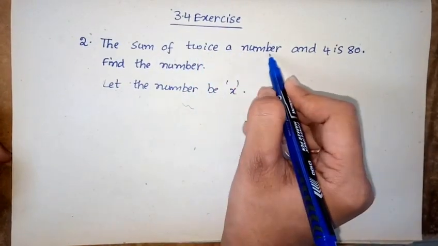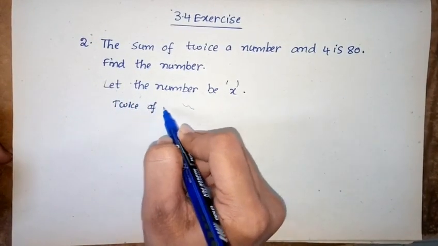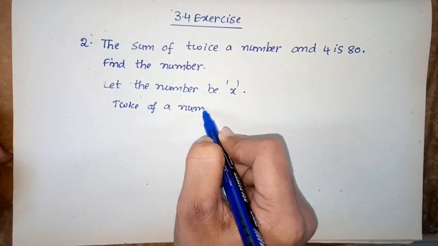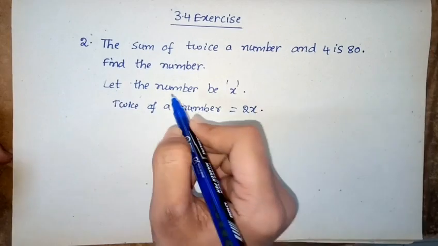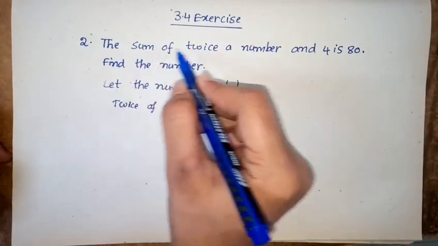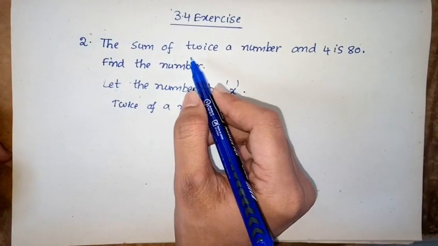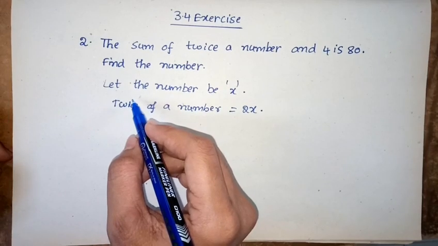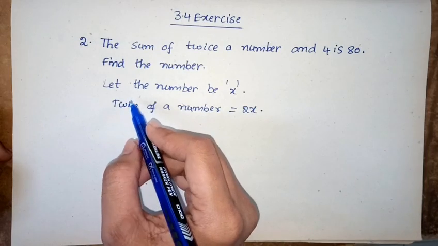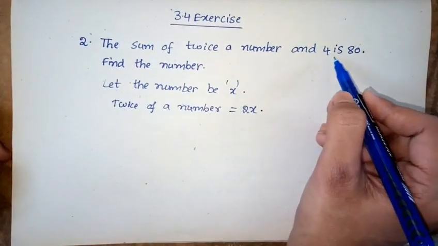Twice of a number is equal to 2 into x. In the problem, the sum of twice of a number and 4 is 80.